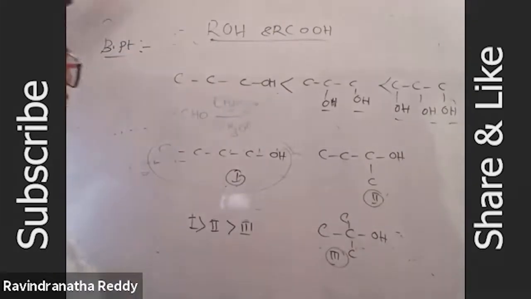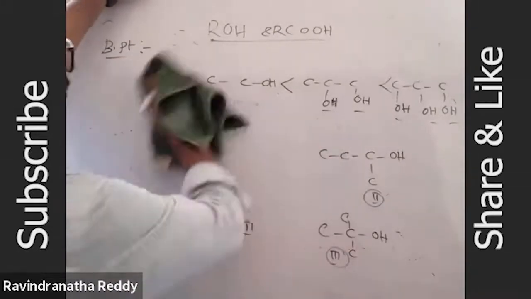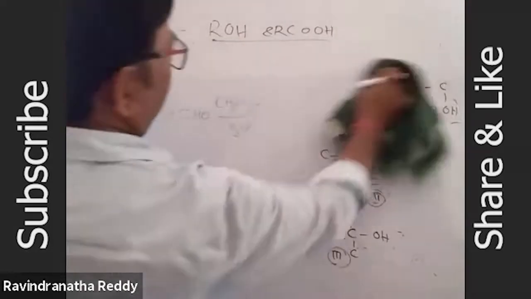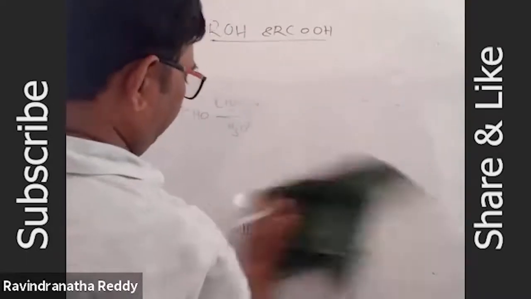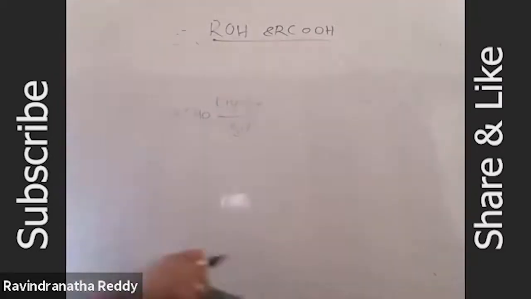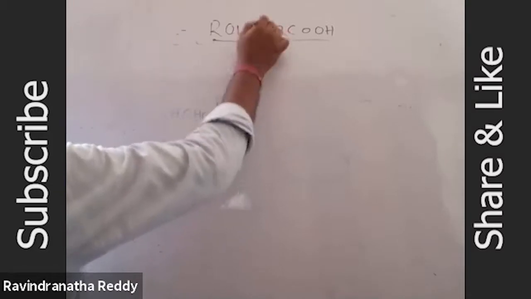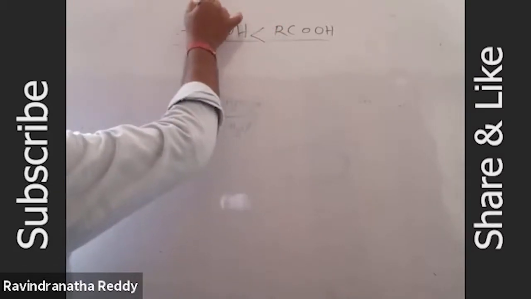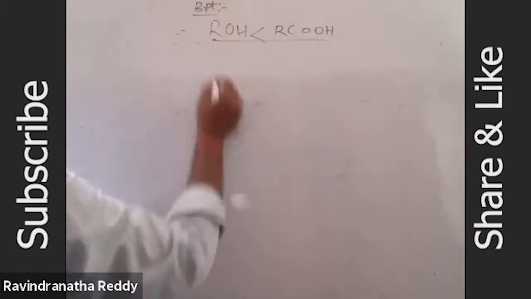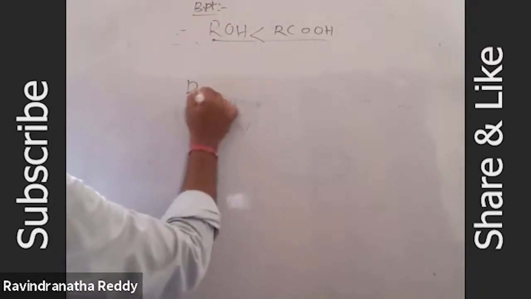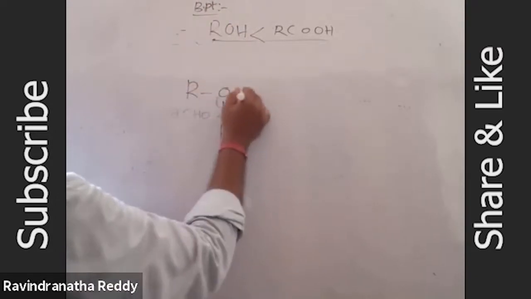Carboxylic acid, because dimerization is possible. Alcohol boiling point is less when compared to carboxylic acid boiling point. Alcohol means hydrogen bonds only.